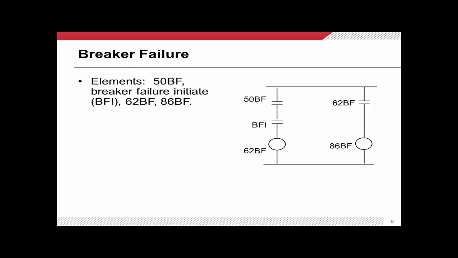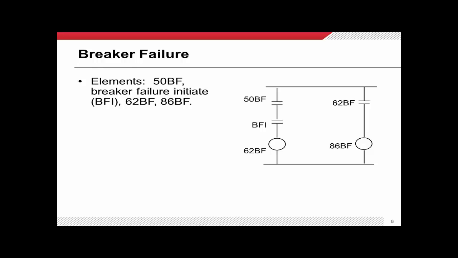So if there's a lockout relay, you're going to take one A contact to trip the breaker, and another A contact is going to go into your breaker failure scheme. Similarly, if you have, say, a line relay, a 21 or a 67, that is going to trip the breaker, you similarly will wire a second contact to the breaker failure scheme to initiate breaker failure.